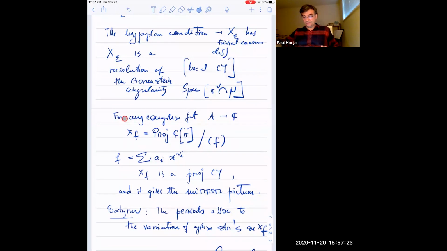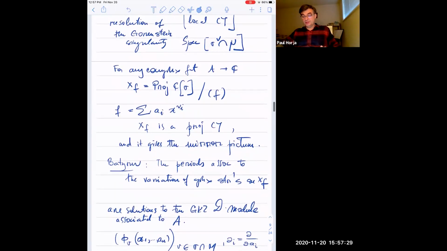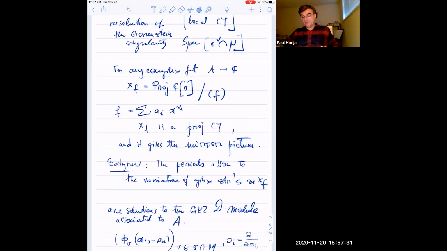As in the example that I started with, we look at this F. That's the classical mirror symmetry, where the projective Calabi-Yau, say the quintic, for example, would be the Proj of C[sigma] by this vector F.